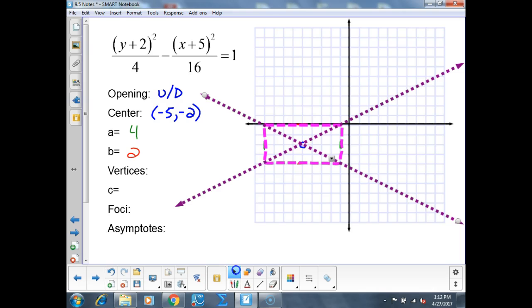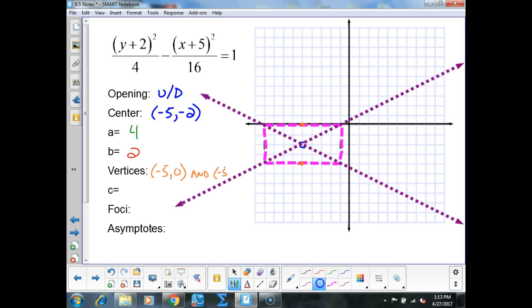That allows us to find our vertices. One of them is at -5, comma 0. The other one is at -5, comma -4. I'm saving the equations of the asymptotes until I can scroll down just a little bit more.